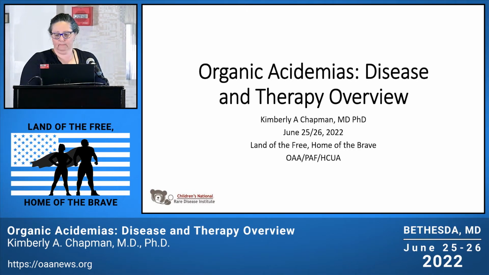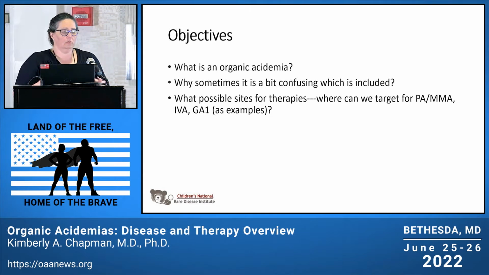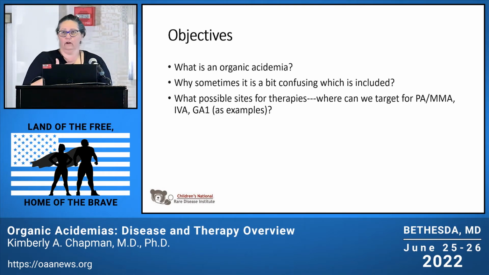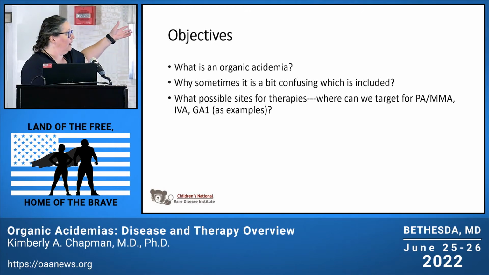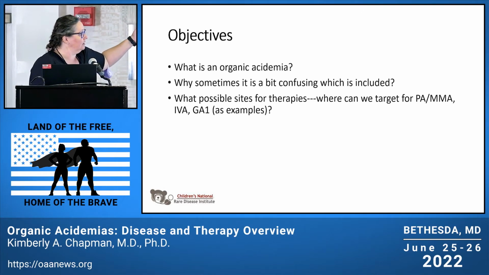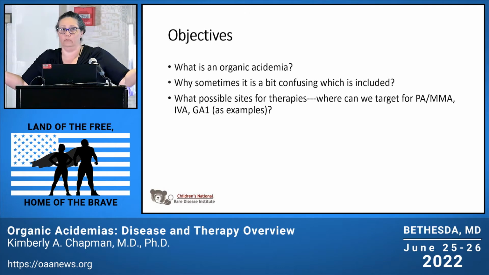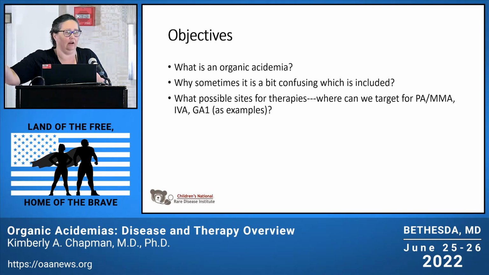Okay. All right. So I'm going to start out, and the irony is Mark Corson actually helped me out really a lot this morning. And so I'm going to start out by talking, what is an organic acidemia? He actually already answered that earlier. Why sometimes it's a bit confusing what's included in the group. Because he talked about some stuff, then you're like, why is that here?